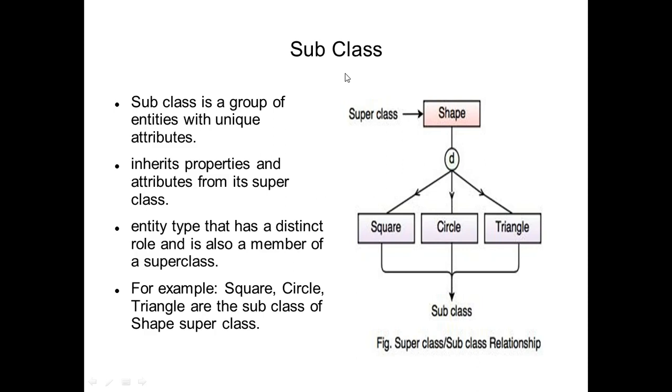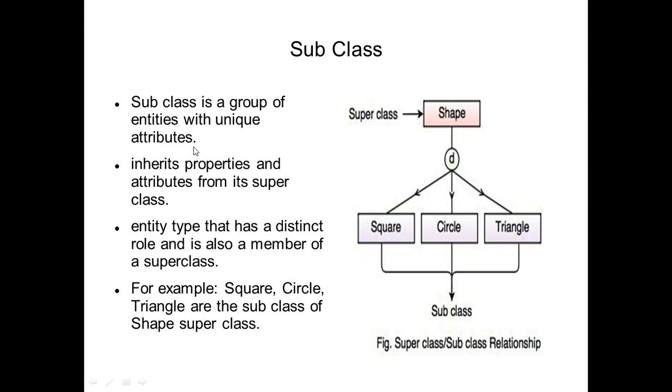Now we will see what is subclass. It is a group of entities with unique attributes. Means the subclasses can have their own unique attributes. The subclasses can also inherit the properties and attributes from its superclass.